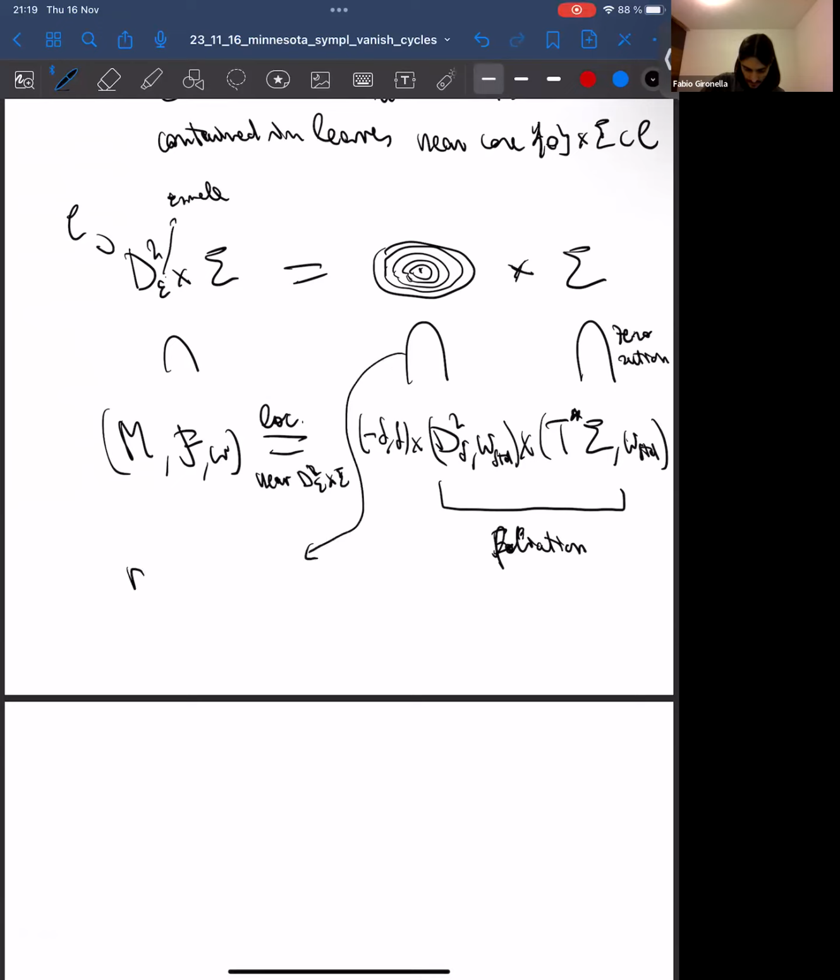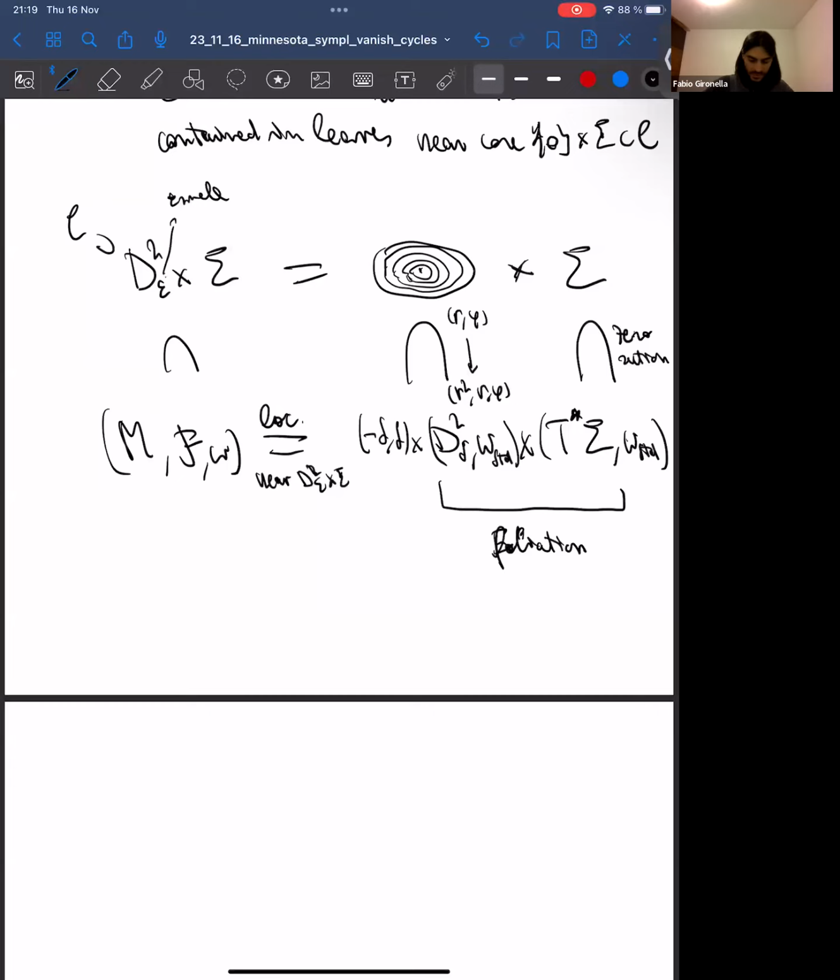I use polar coordinates on the top disk. This is (R, phi) goes to R squared in the first coordinate, and then (R, phi) in the disk again.